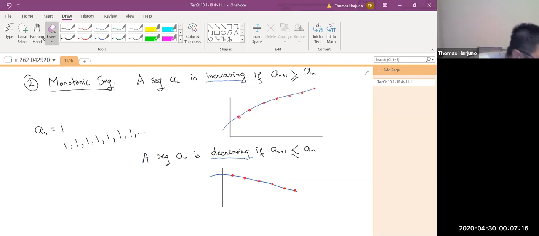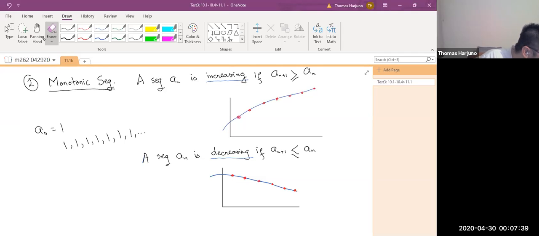Now, this difference in terminology, I think our textbook doesn't mention it. If you have your textbook, please open page 720.